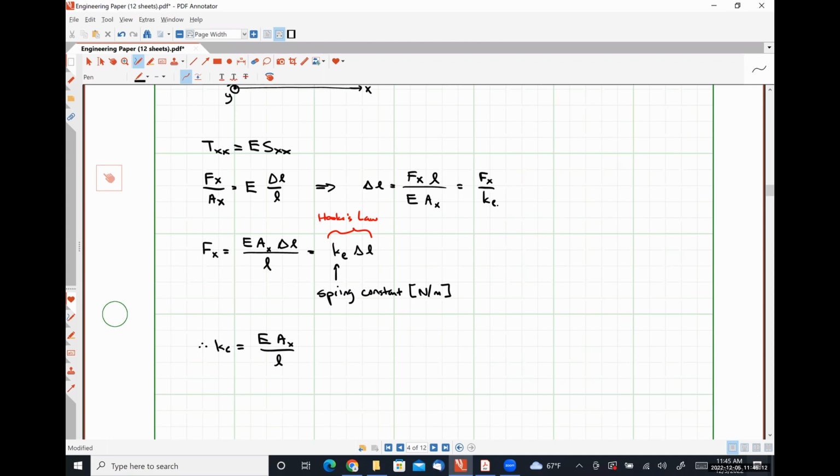For the spring constant K to be smaller, we need a long beam with a small cross-sectional area. Those are the design considerations in there. Simple, linear, proportional relationships. Nothing remotely hard about this type of spring. This is the simplest type of spring that we can ever possibly choose to use.